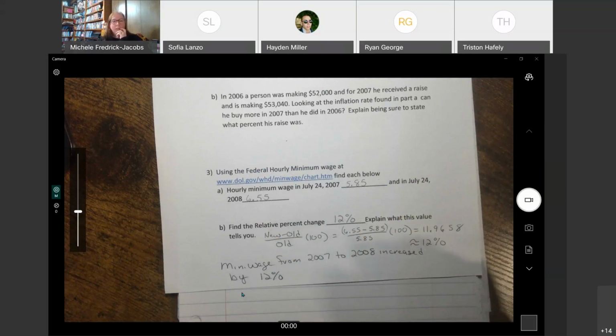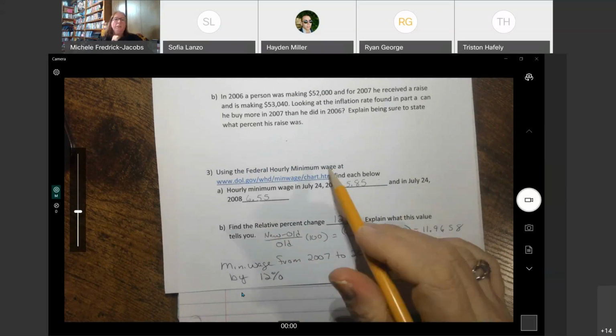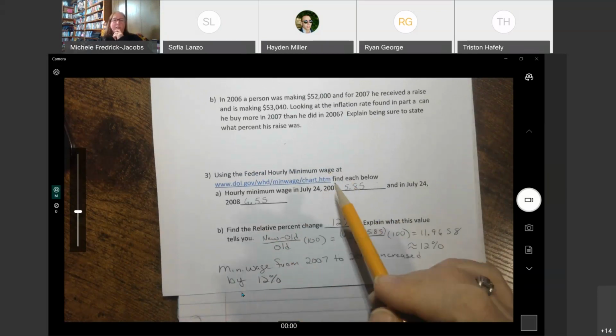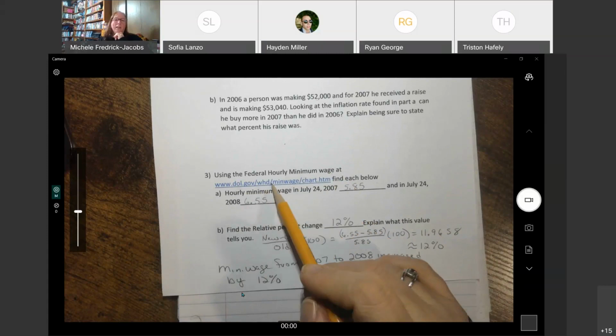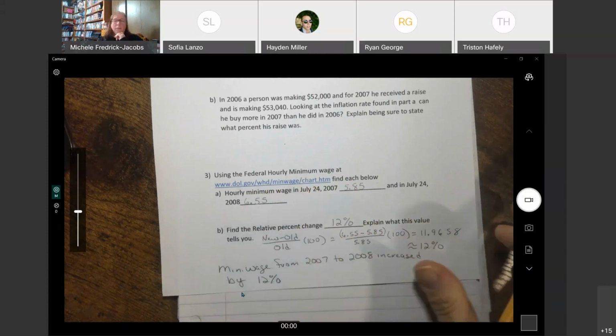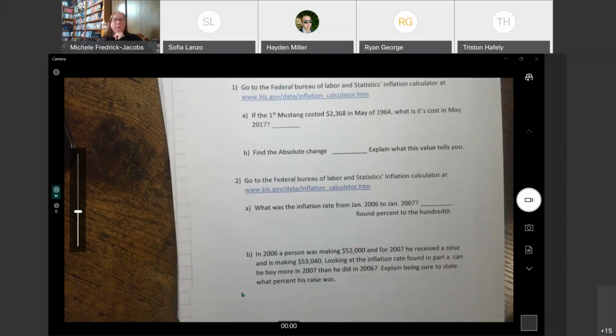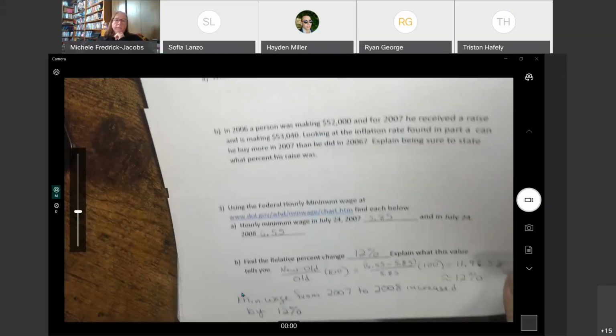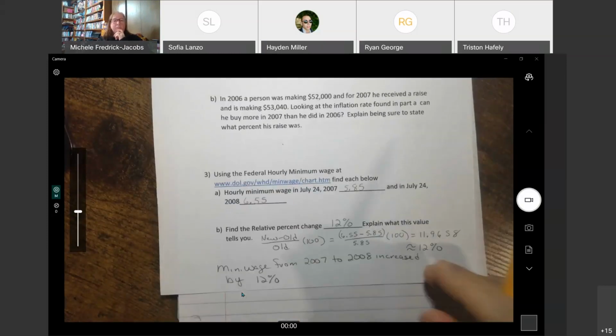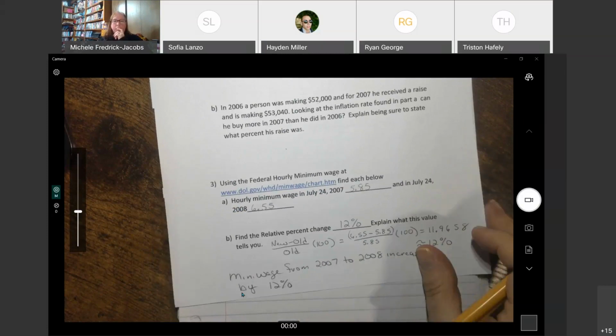Any questions? I went with this one first for those who came in after because I had this hourly minimum wage up. So we're going to do these two also. Any questions on this one? Okay.